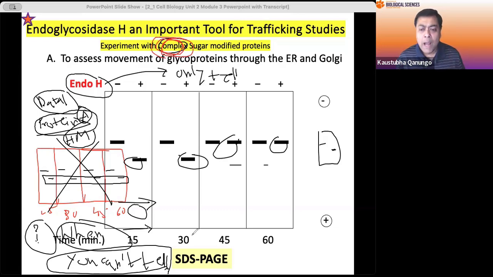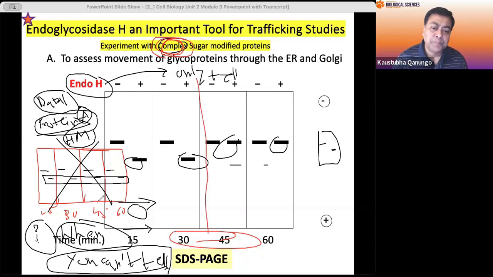So why did I spend so much time? Because these 4 diagrams can involve you in almost 10, 12 points of questions. Your first data set tells you the mature protein. You identify your A protein high mannose, B protein complex. Then you come to this data. You have again an A panel and the B panel. In the B panel, it's fine. You know that it passed in between these times because the complex is getting resistant after passing the medial Golgi.